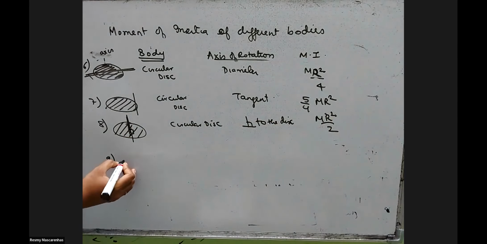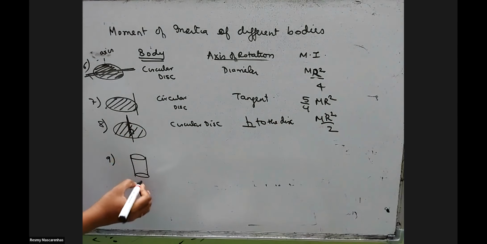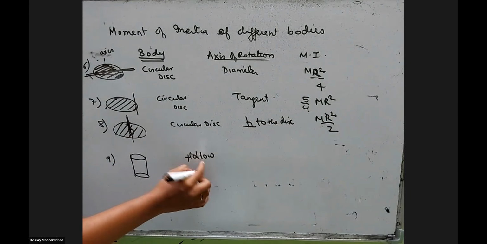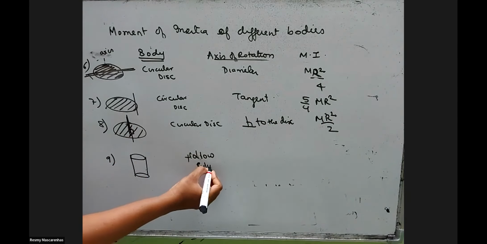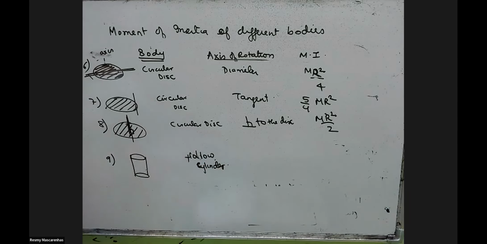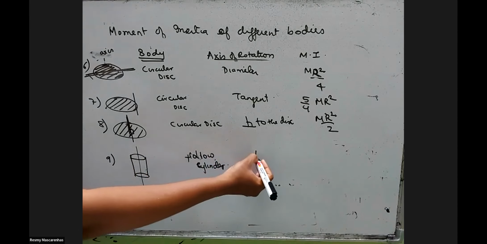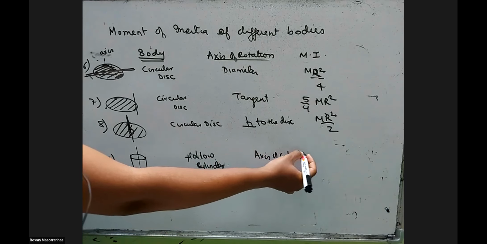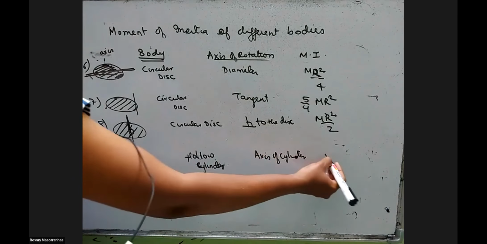Ninth one is a hollow cylinder, with the axis of the cylinder. That is MR square.